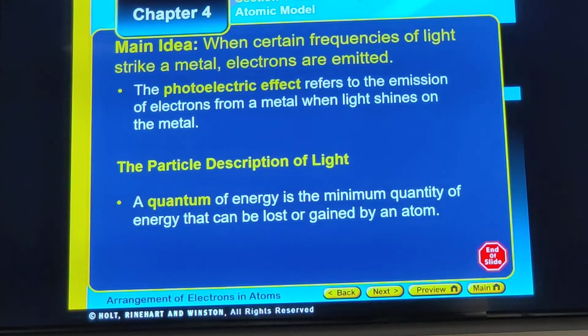To knock an electron loose, it takes a certain amount of energy, so we need photons that are carrying enough energy to pull that off. Now, it turns out that any kind of light that has more energy than that also works, but nothing less than that. It's an all or none type of thing. The energy that they carry, we call a quantum of energy.